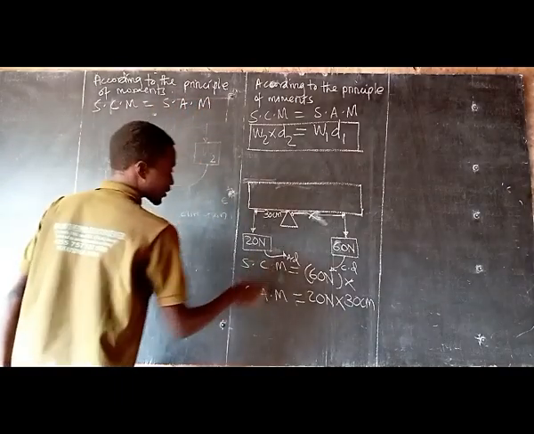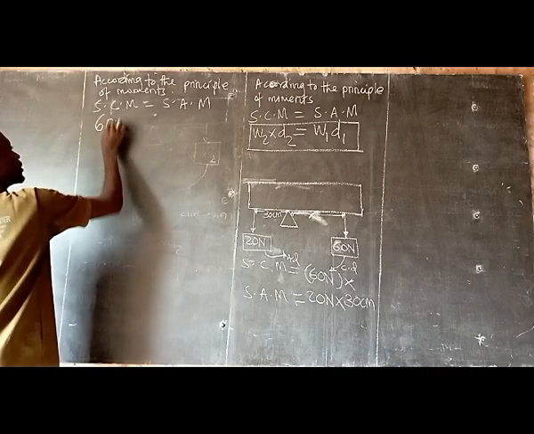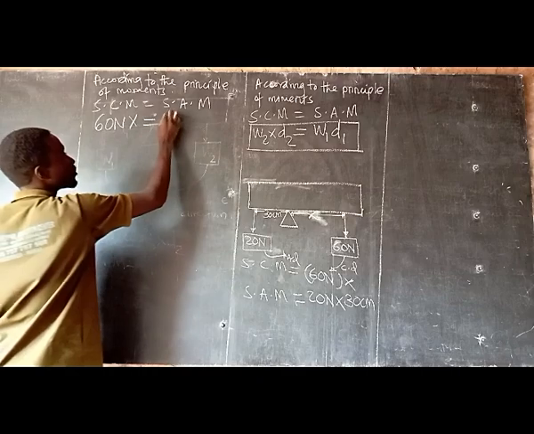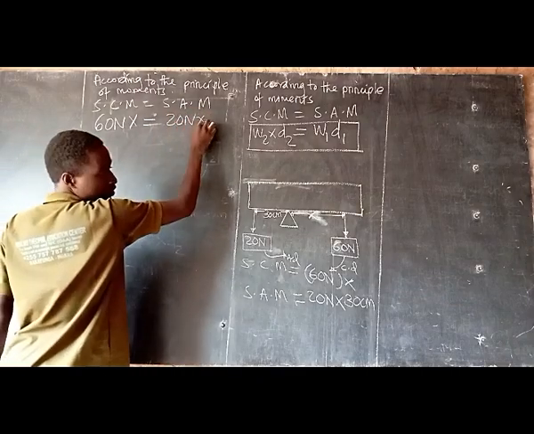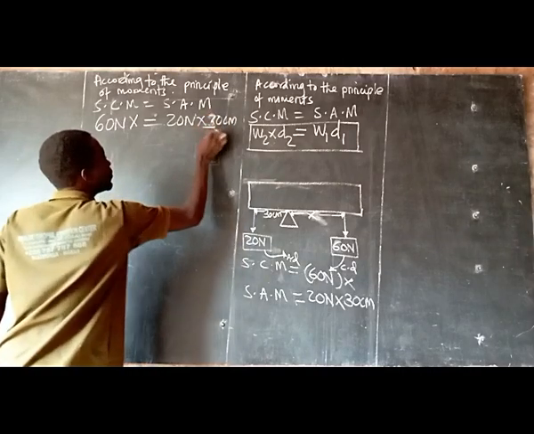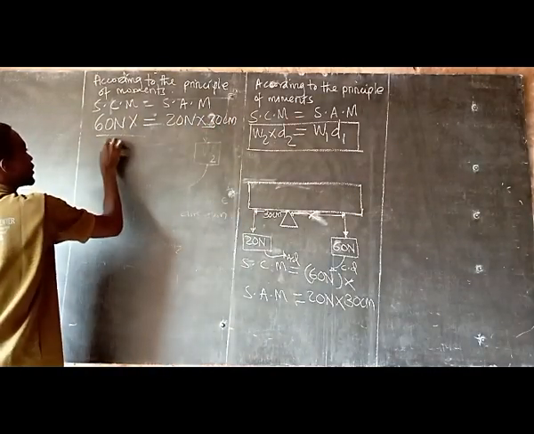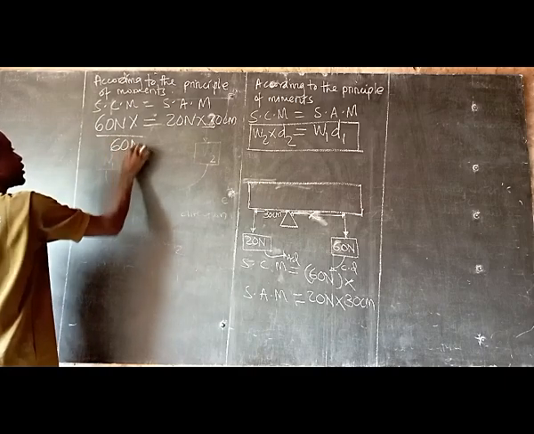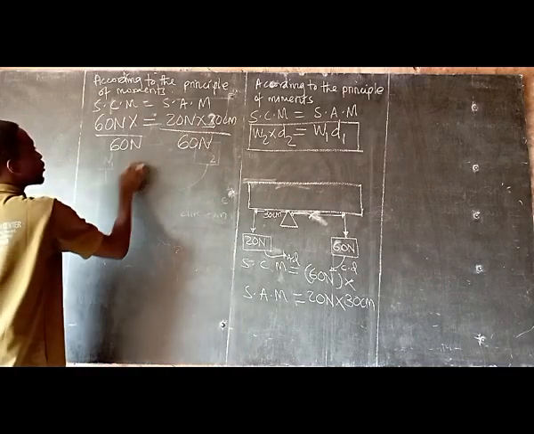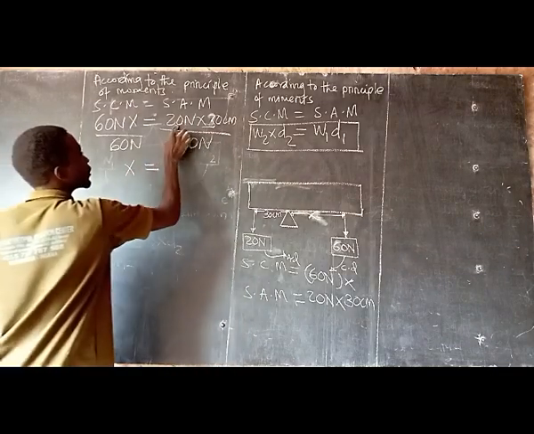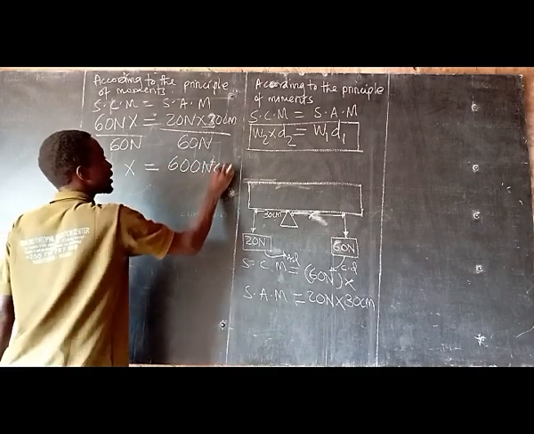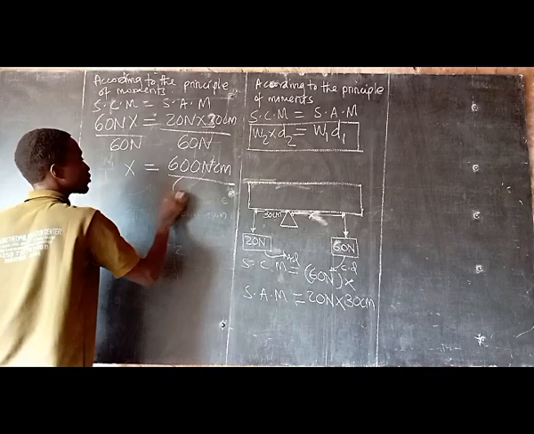Now, the sum of clockwise moments, you will have 60 Newton times x. So it will be equal to the sum of anticlockwise moments, which is 20 Newton times 30 centimeter. Now, to get x, we are going to divide both sides by 60 Newton. Now you are going to have x equal to 20 times 30, you are going to get 600 Newton centimeter, over 60 Newton.